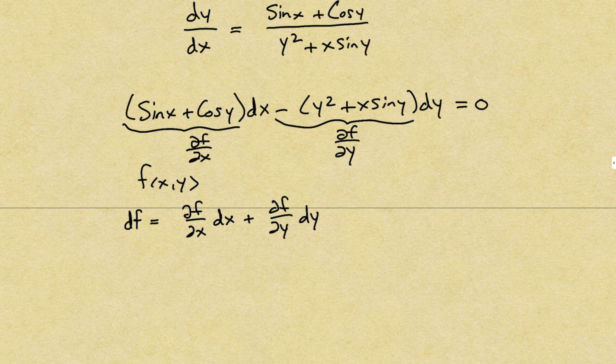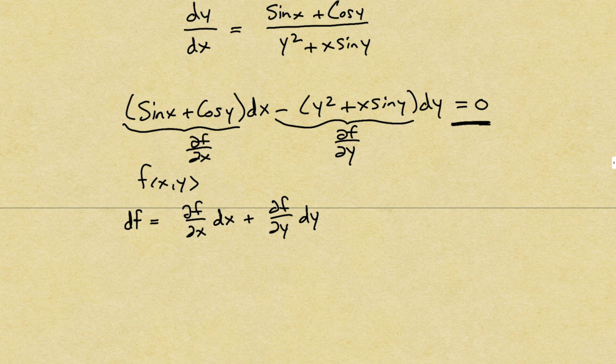And now we also see why we have this check for exactness in an equation. The mixed partial derivatives, df with dx dy and df with dy dx, must be equal for it to be exact. And we see that from this total differential here. More than that, though, we see that this is equal to 0.